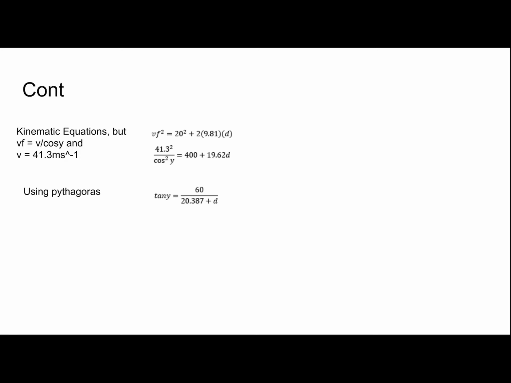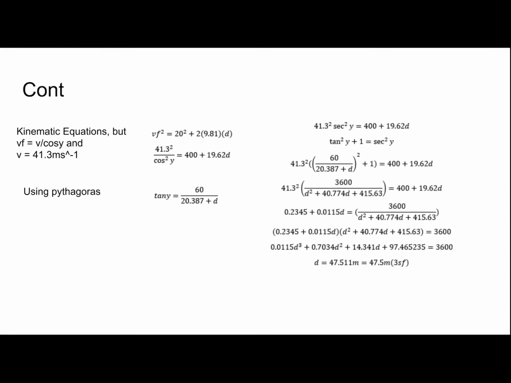So now we need to use a little bit of trigonometry identities. So 1 over cos squared y is equal to secant squared y. So we can substitute 1 over cos squared y with secant squared y. So 41.3 squared times secant squared y equals 400 plus 19.62 d. However, we know that tan squared y plus 1 equals secant squared y. That's from our trigonometry identities.